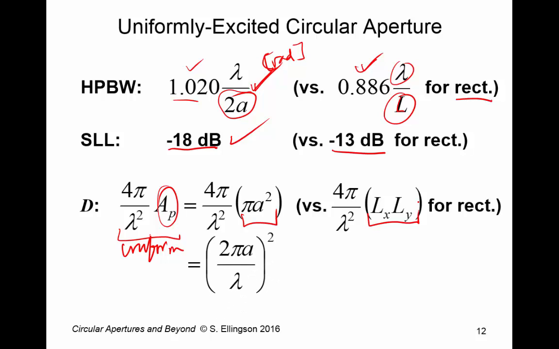An interesting observation about circular apertures, though, is that we can rearrange this expression a little bit into this form. And that form says that the directivity is equal to the circumference divided by the wavelength squared. So that's a convenient thing to know. The directivity of a circular aperture that's uniformly illuminated is circumference divided by wavelength squared.